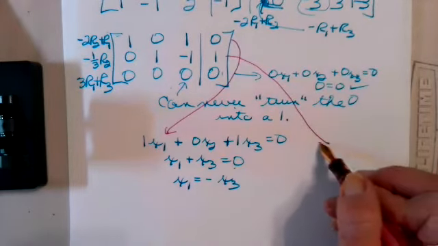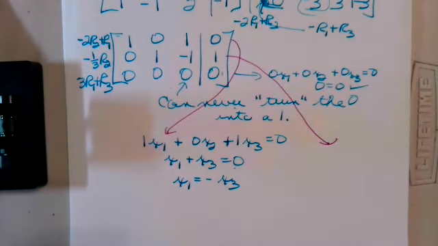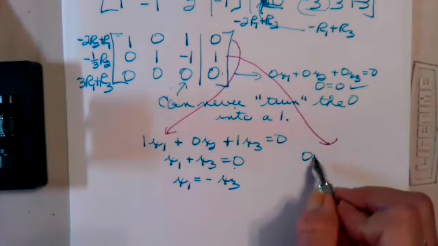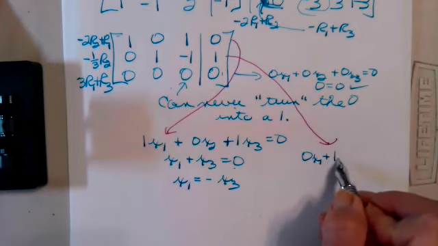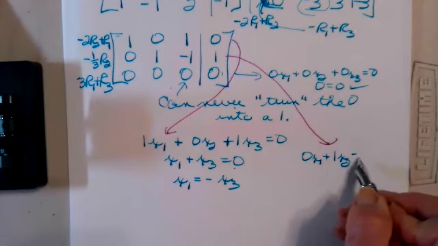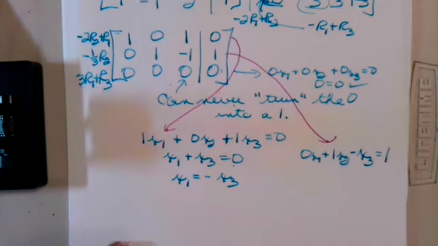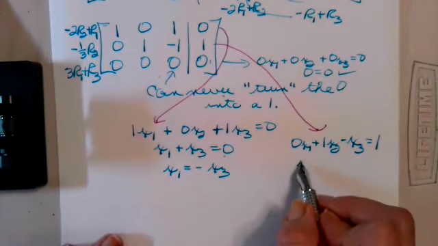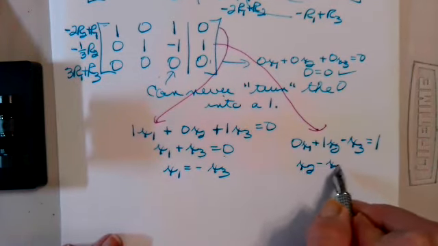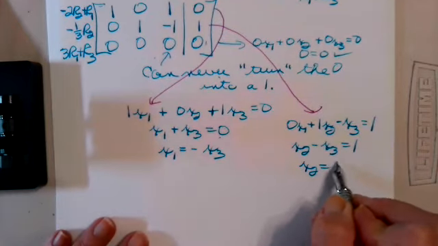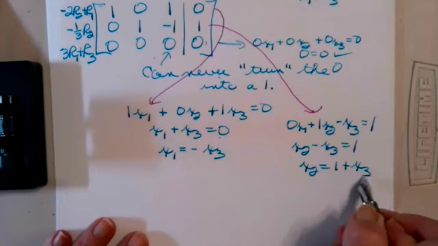We translate that one over here. That one says 0 times x1 plus 1 times x2 minus 1 times x3 equals 1. In other words, x2 minus x3 equals 1. In other words, x2 is 1 plus x3.